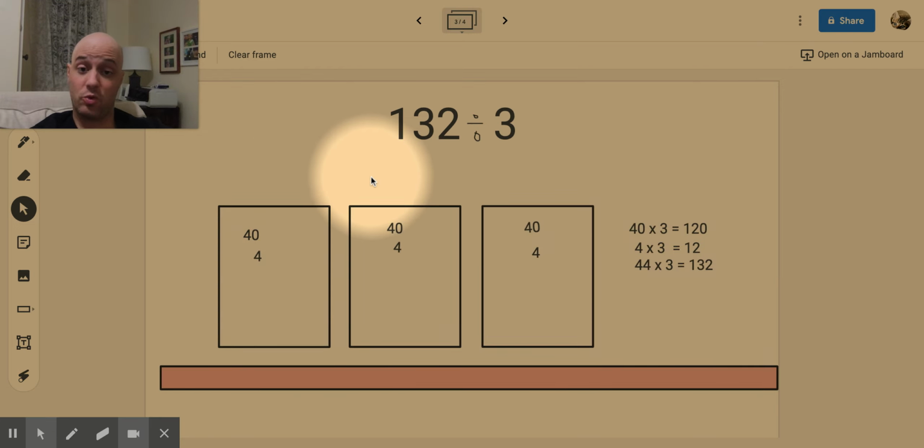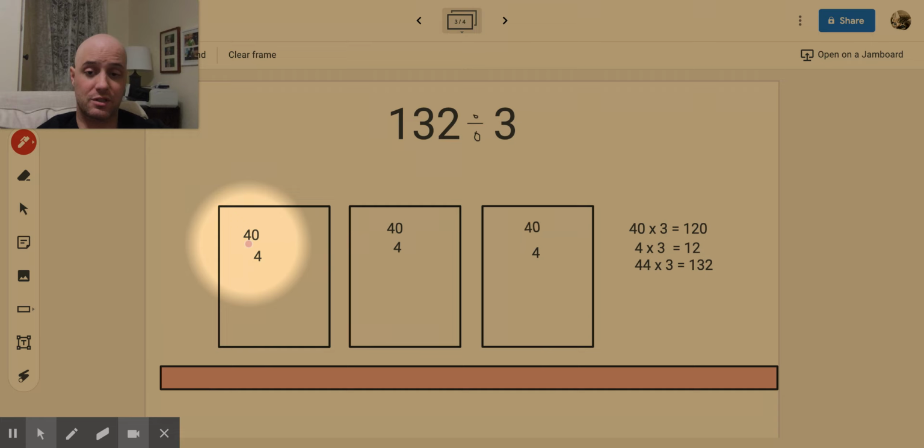This is one way to do it. The beauty of it is there are so many different ways. If we start off by having 3 groups, we need to divide 132 into 3 groups. We'll put 40 in each group. 40 times 3 would be 120. We need to distribute 12 more to make the total of 132.